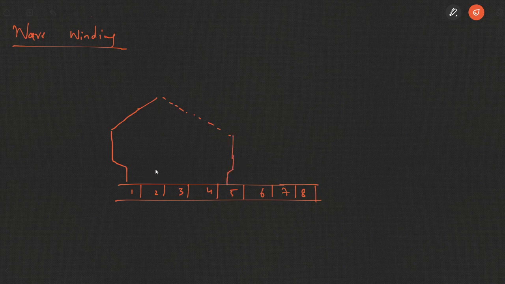The second coil will start from commutator segment 2 and end up at commutator segment 6.